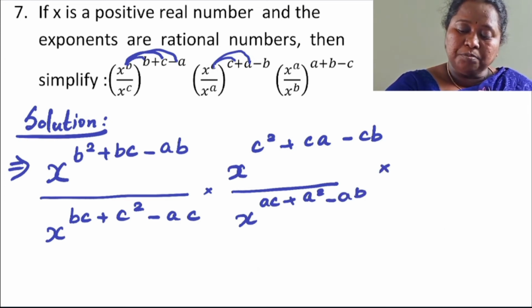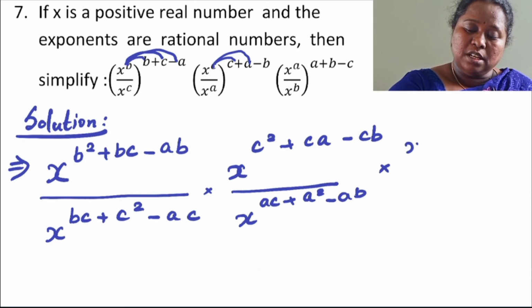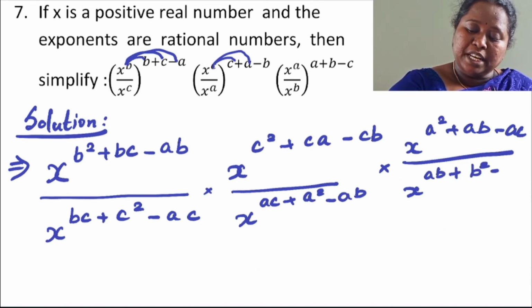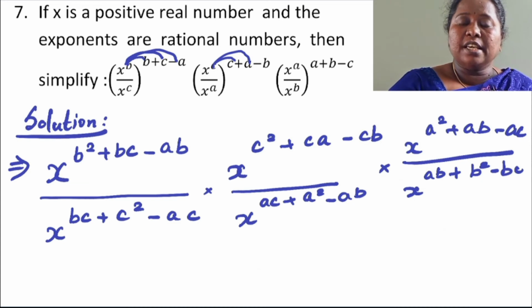The third term, x power a squared plus ab minus ac, divided by x power ab plus b squared minus bc. See here, the bases are same, the powers are different.